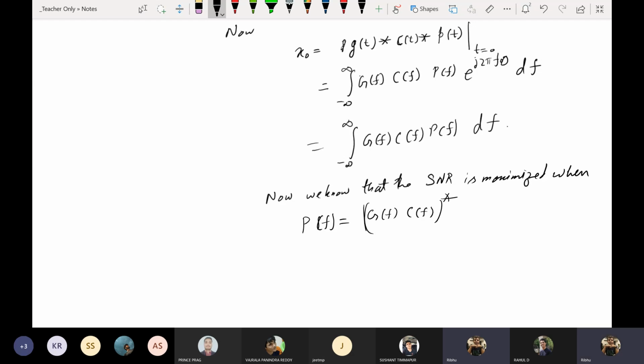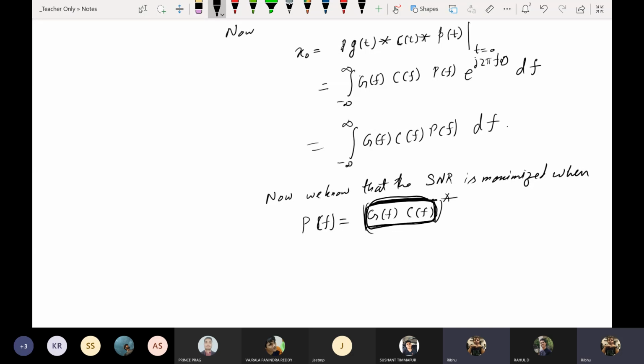We discussed the matched filter, right? So this is basically the frequency response of the channel and the transmit pulse shape. This is what you will effectively receive.